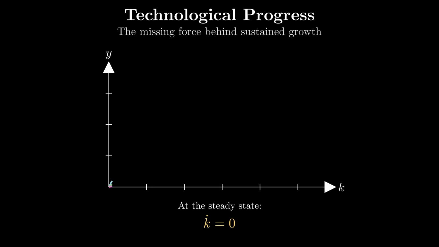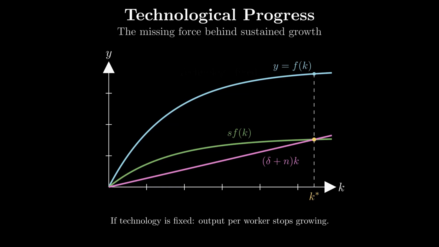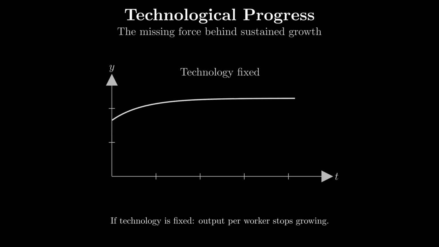So far, the Solow growth model explains transition and catch-up. But there's a limit to the story. Once the economy reaches a steady state, capital per worker stops changing. And if technology is fixed, output per worker also stops growing.